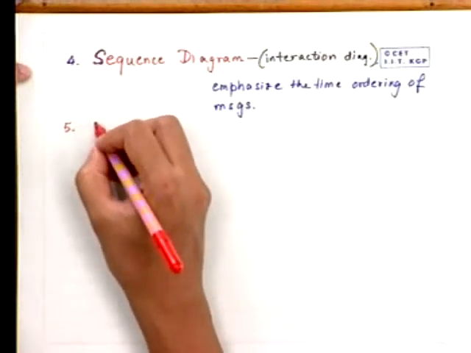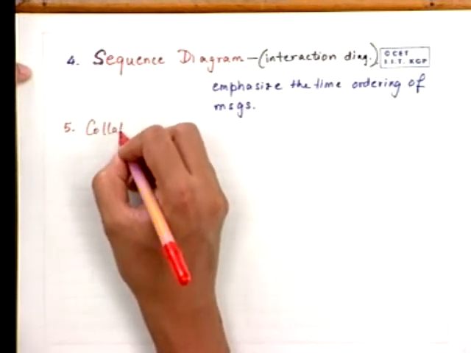Sequence diagrams is a type of interaction diagram that emphasize the time ordering of the messages. Fifth is the collaboration diagram.